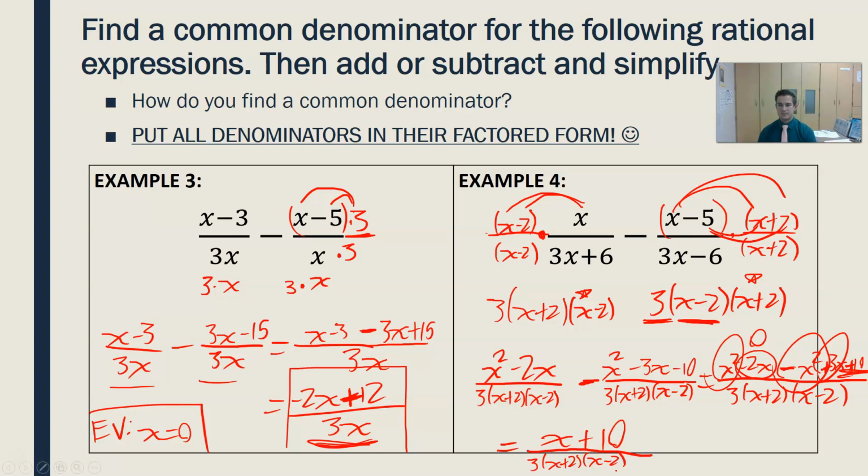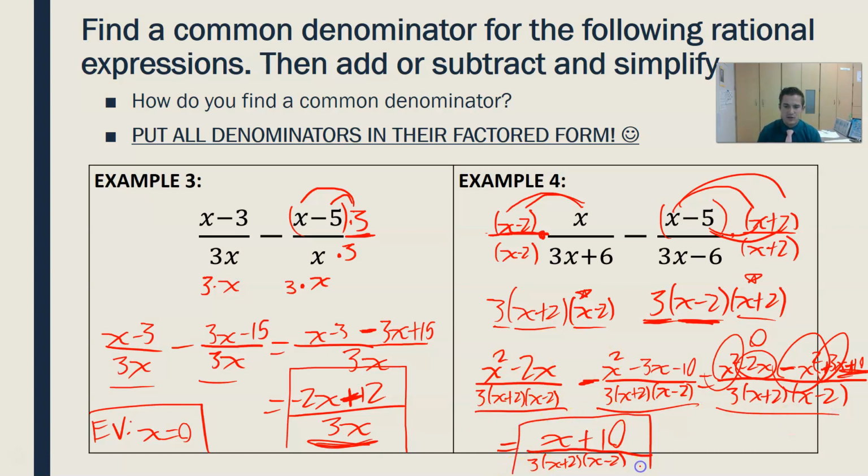So to subtract these fractions, I got a common denominator by finding each of the factors that I needed to include in both denominators. Whatever factors I was missing in either fraction, I multiplied on the top and on the bottom, so I didn't change those fractions at all. Then once I had the common denominator, I combined the numerators by adding or subtracting and kept the denominator the same.